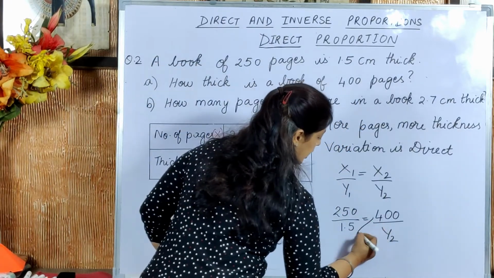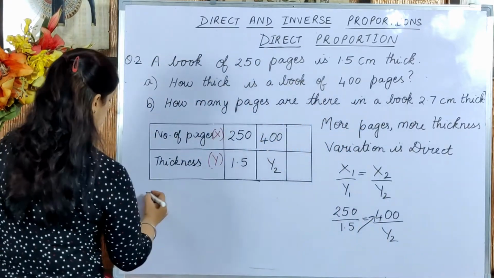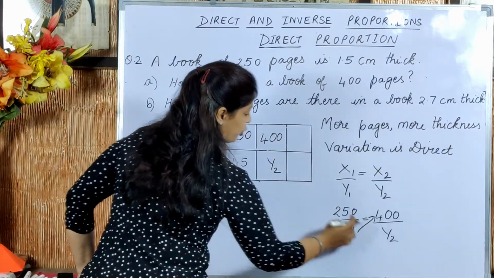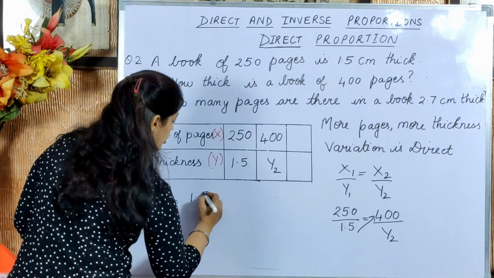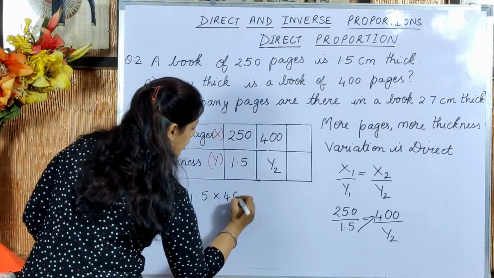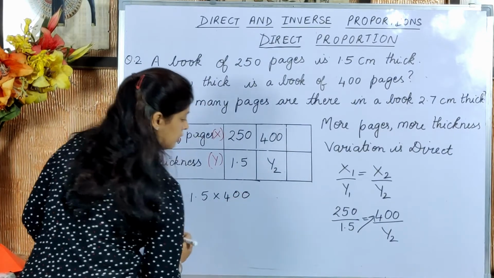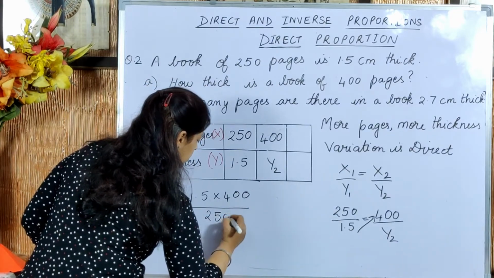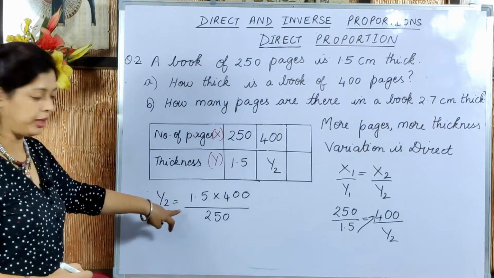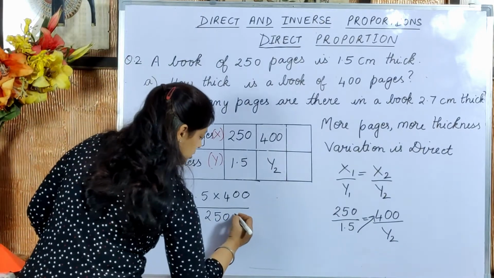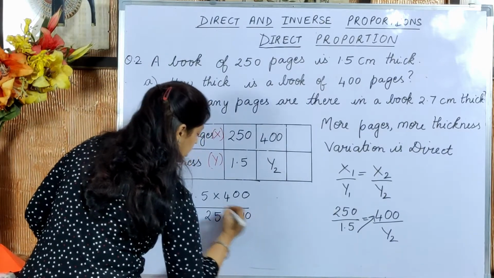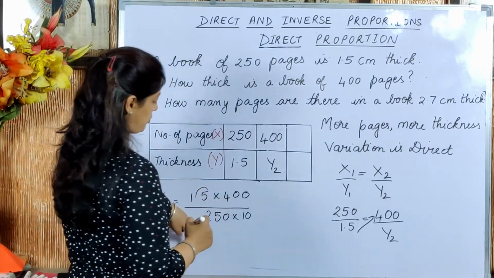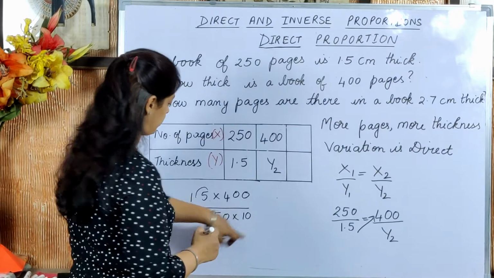So I cross multiply. Therefore y2, the two values which are known to me will come in the numerator, 1.5 into 400, divided by the third value, that is 250. Now I can remove this decimal by multiplying with 10 in the denominator. So I can write this as 15 into 400 upon 250 into 10.